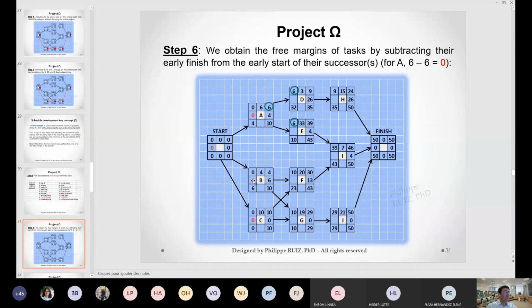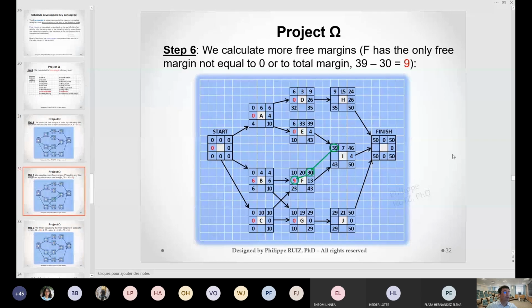It means that 6 is by how much I can delay B without delaying F. It makes sense because F has to wait for C to be completed, which will take 10 days. So in the meantime, because B finishes after 4 days, you have freedom here. So that's how you compute it. You compute that for the whole network.